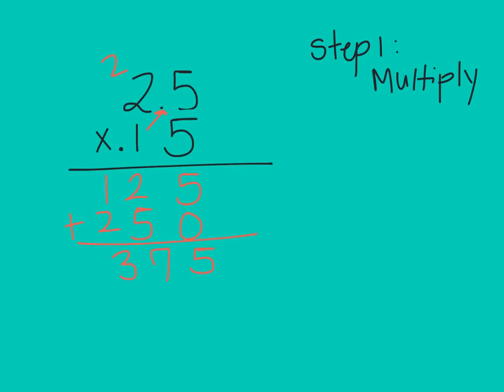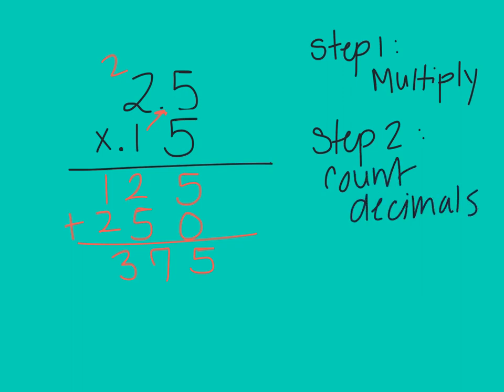My second step is to count the decimal places in both of my original numbers. So what I mean is, if we look at the first number, which is 2 and 5/10, I can see that I have one number behind the decimal point.